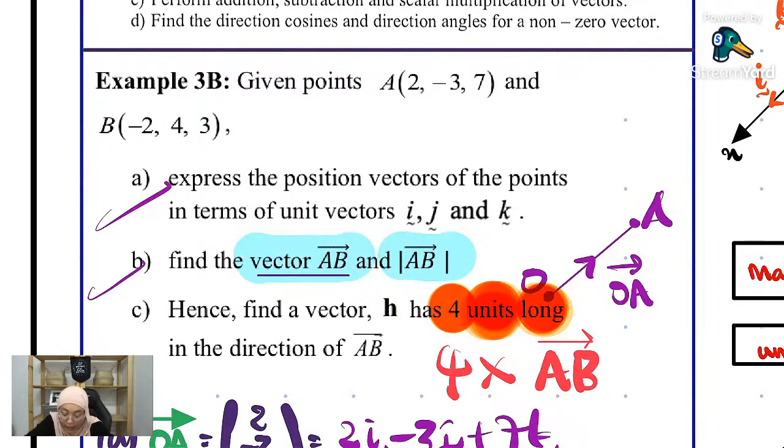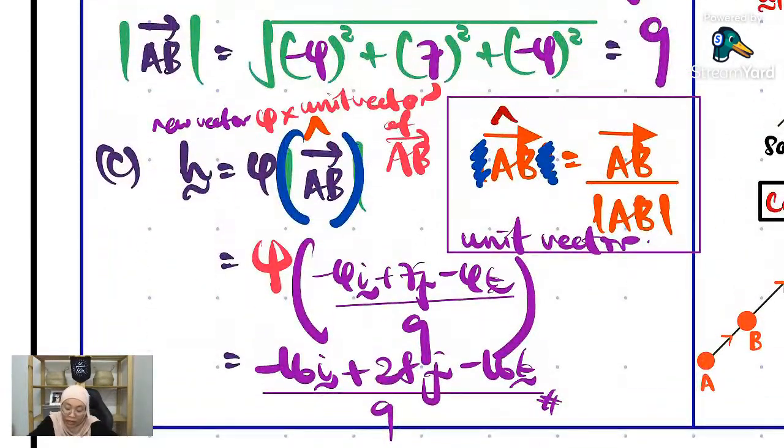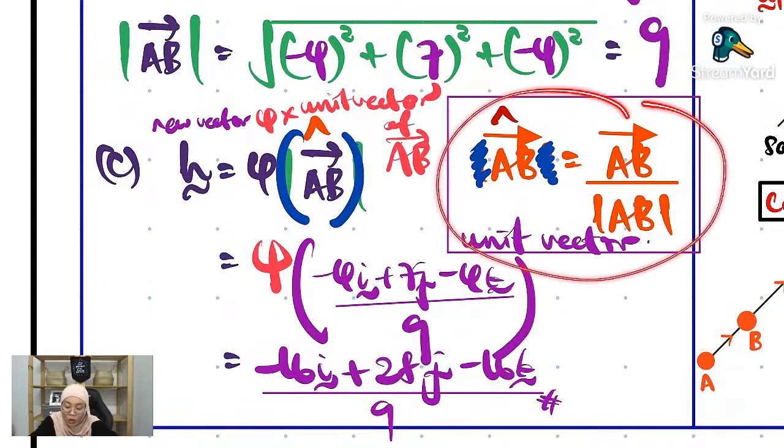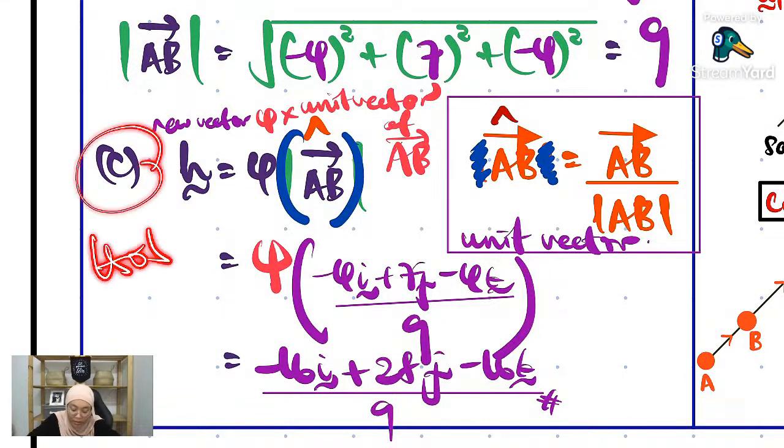Meaning the unit vector is the hat. Any hat. If you want an easy way, whenever you see 4 units, it means you have to times it with its unit vector, not just the direction of I, J and K. No, it's the hat here, AB hat. The hat there is very important. Otherwise, we would not use this formula. So be careful. This question is very hot in PSPM. It's always asking you guys this.